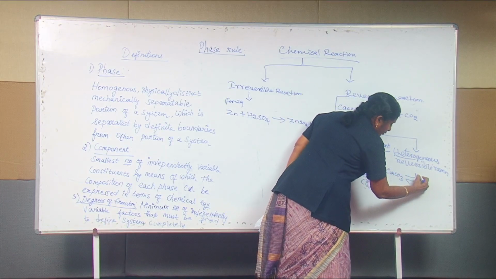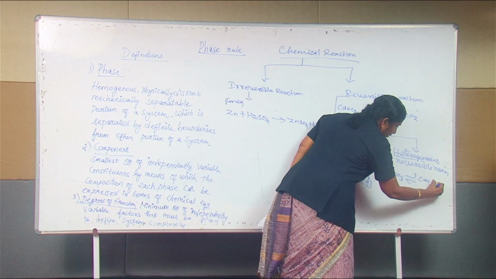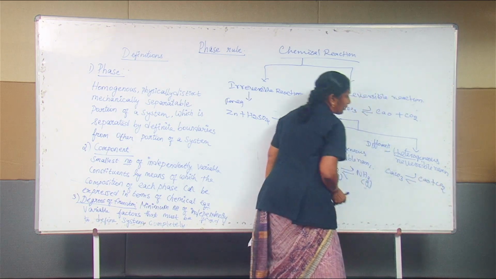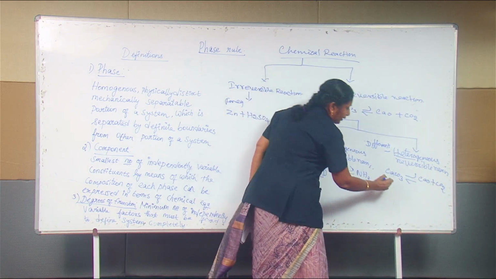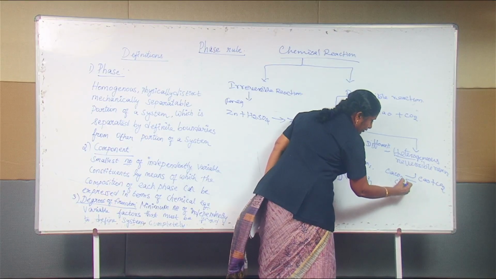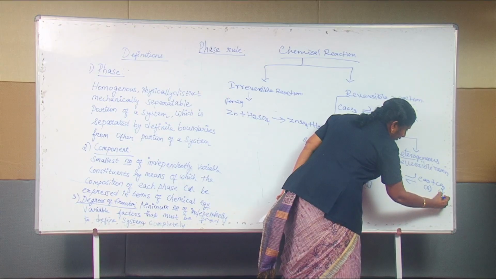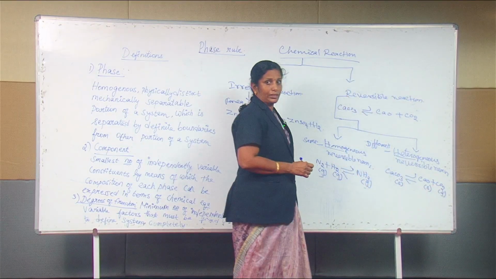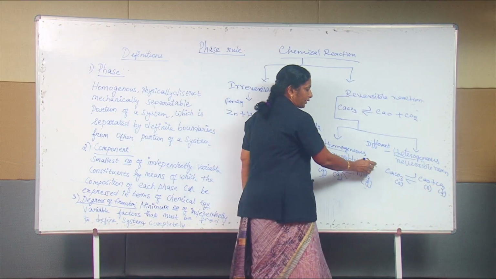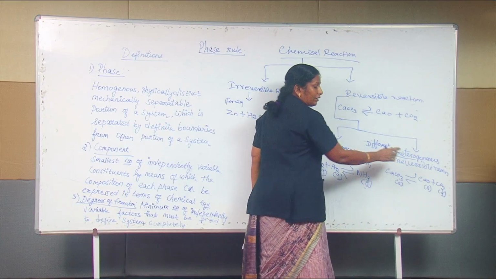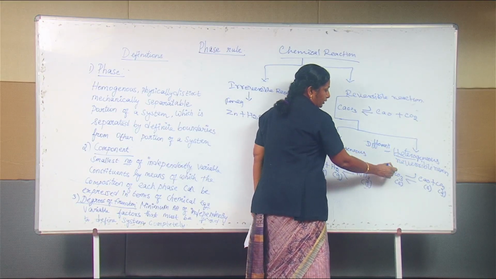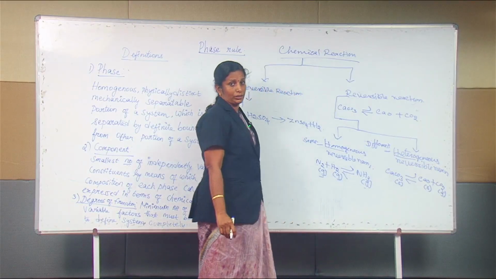This calcium carbonate undergoes dissociation. Now we get calcium oxide plus carbon dioxide. Here calcium carbonate is in the solid state, calcium oxide is in the solid state, and carbon dioxide is in the gaseous state. Here the reactant and the products are in different phases. That is called a heterogeneous reversible reaction.